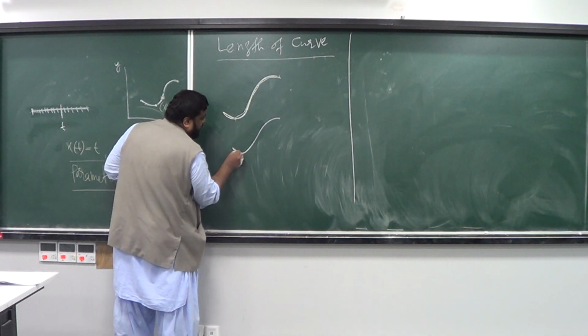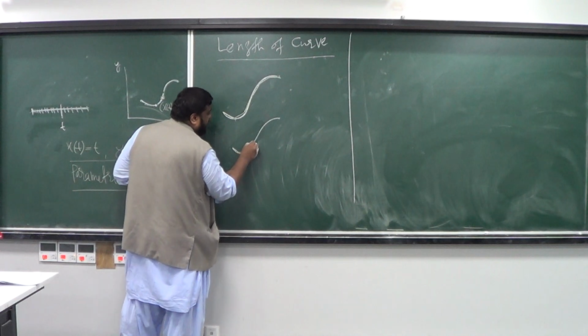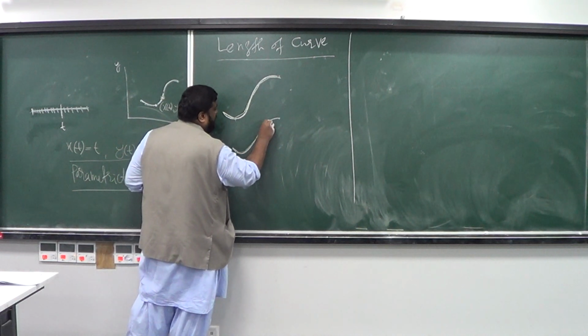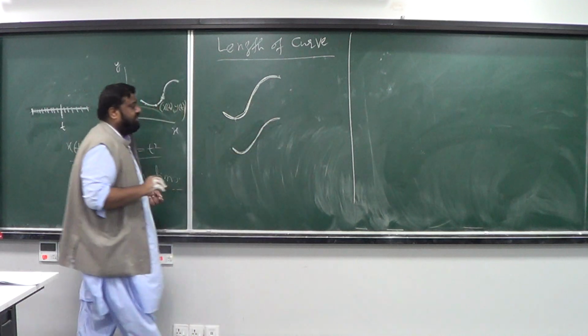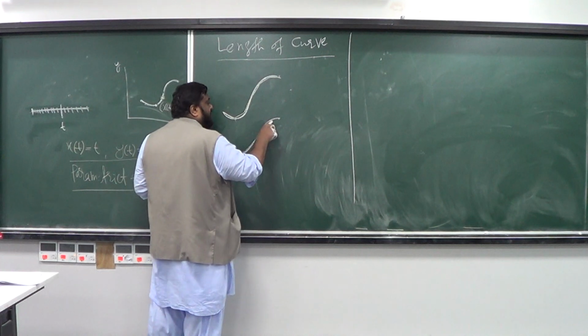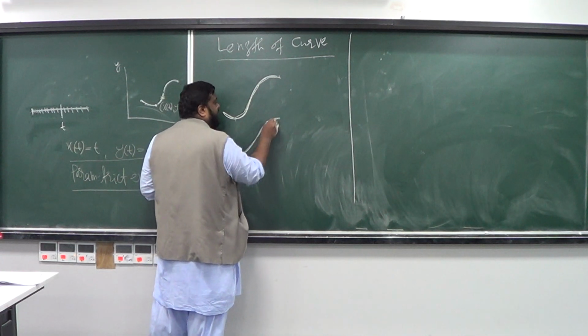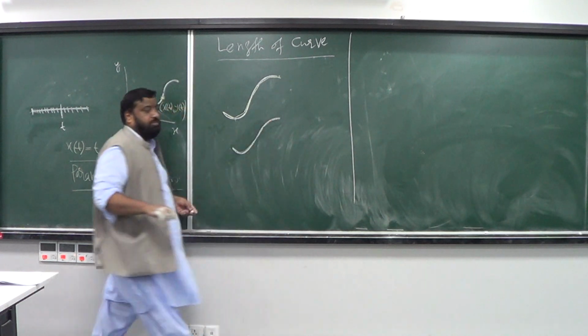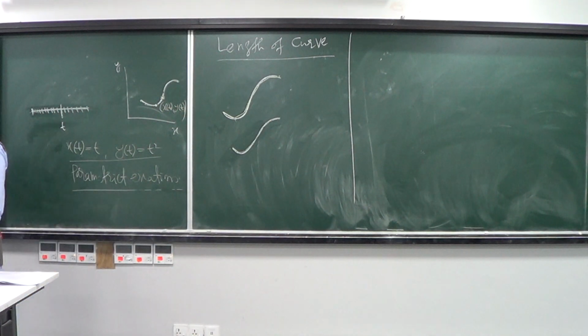Approximate it through small lines and keep on making these lines smaller and smaller and smaller. As you make these lines smaller and smaller, you will see that you're going to get a better and better approximation.